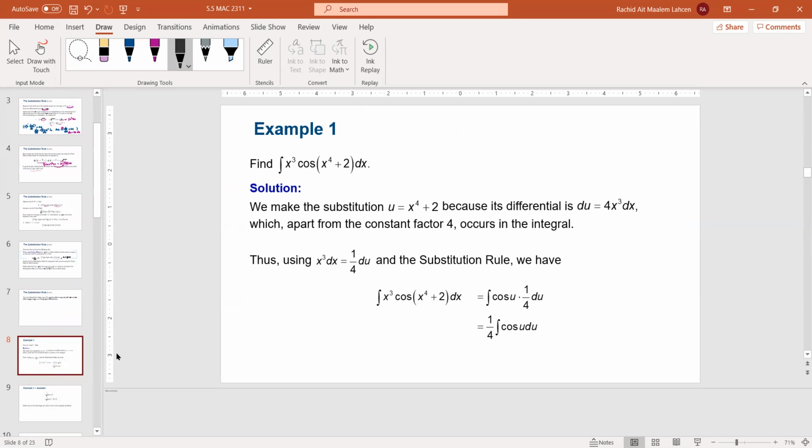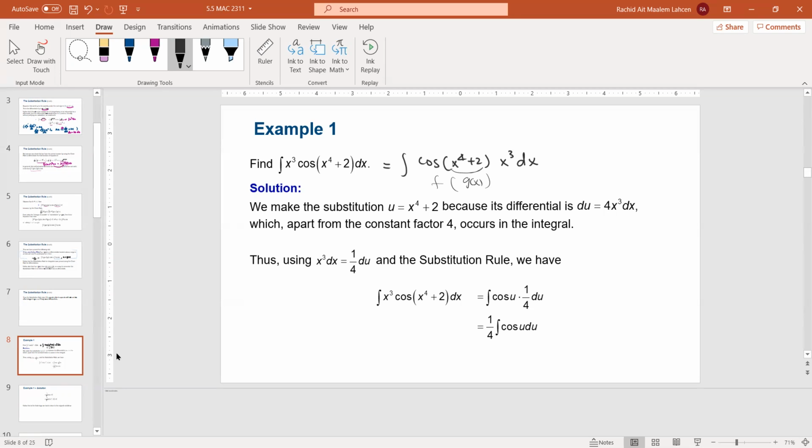Looking at this one, we can see that maybe we can rewrite it this way. x cubed dx. So you see this function here, it's inside. This can be a g of x, and this can be the f, right?